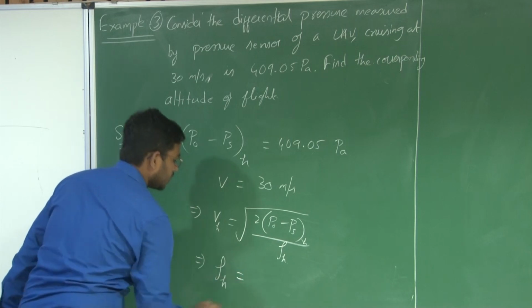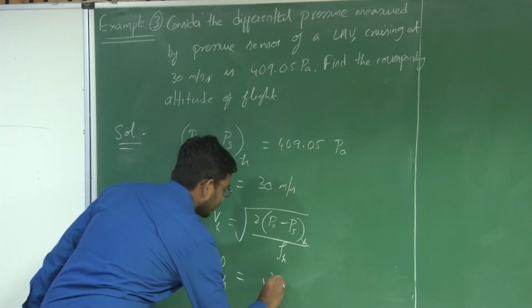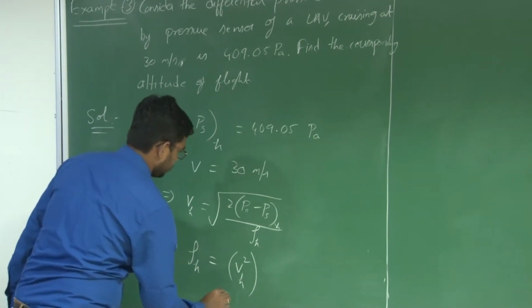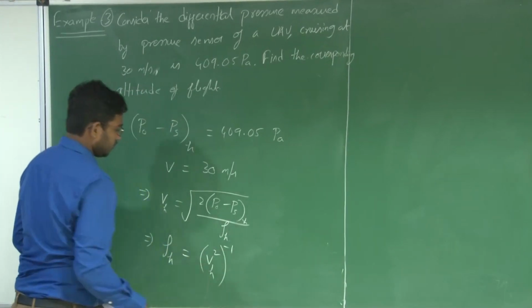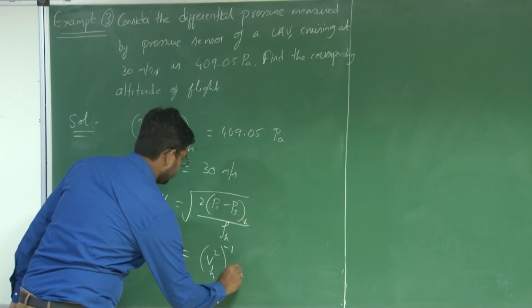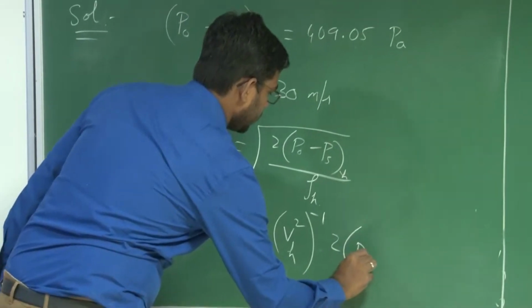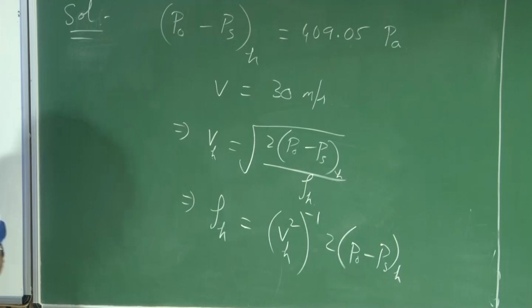In that case, density at h is equal to 2 times P0 minus PS at that altitude, divided by velocity square.